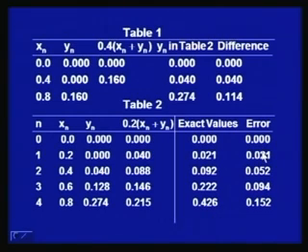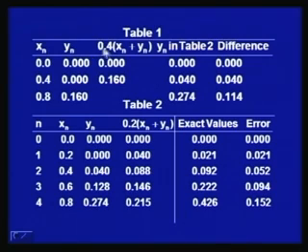These are the errors which occur when we compute the values of y using Euler's formula, taking h equal to 0.2. At x equal to 0, the error is 0. At x equal to 0.2, the error between the approximate value and the actual value is 0.021. The error in y2 is 0.052, the error in y3 is 0.094, and the error in y4 is 0.152.